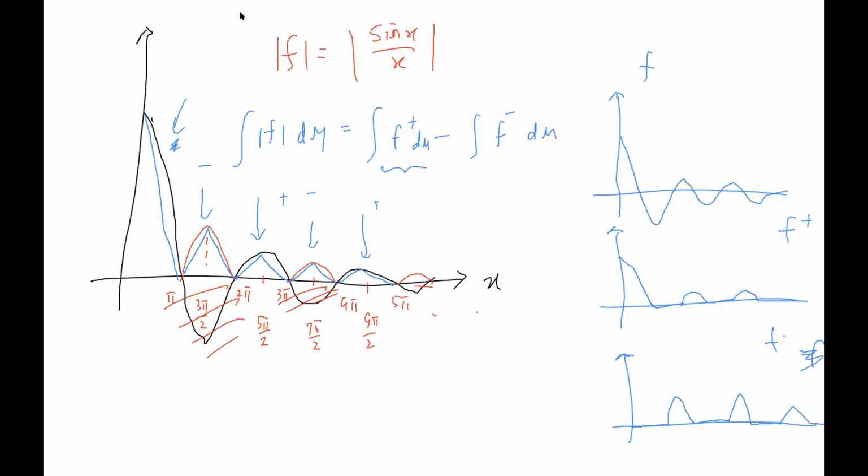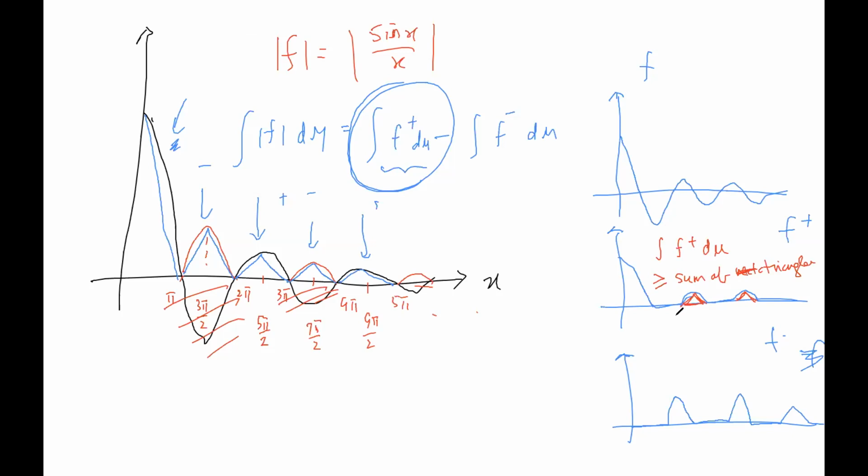Now we want to show that if you take the Lebesgue integral of absolute f, let's say we consider only the positive part, which is these things, right? So the Lebesgue integral of f plus d mu already exceeds the sum of the triangles at this position.